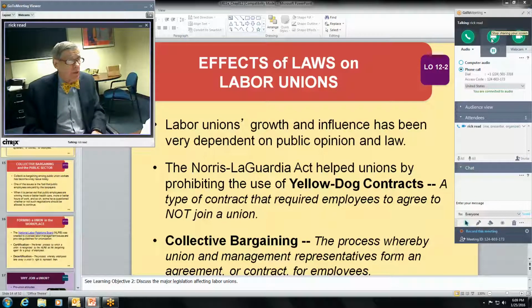We had the Norris-LaGuardia Act, which outlawed yellow dog contracts, where somebody would come and sign, I won't work for a union, or I won't join a union. Now, collective bargaining, on the other hand, is where union and management get together to jointly negotiate the contract.